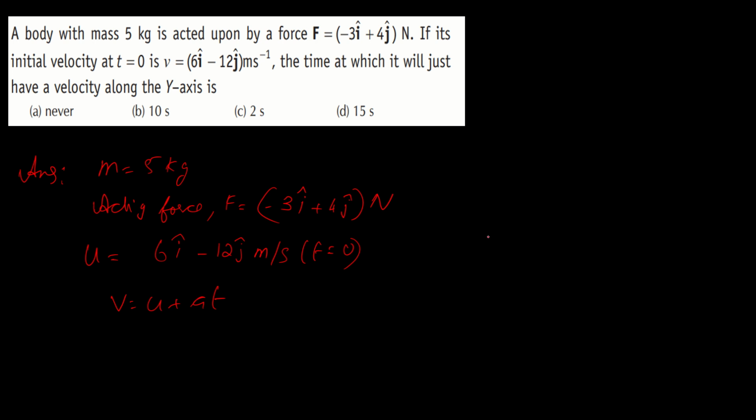How can we find a? a is equal to F by m. Force is minus 3 i cap plus 4 j cap, and m is 5. So the acceleration is minus 3 by 5 i cap plus 4 by 5 j cap. So now we have found the acceleration.